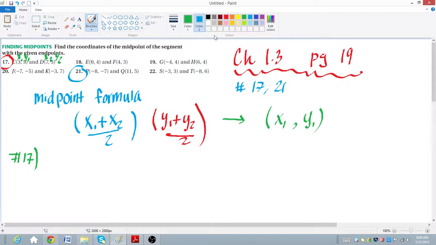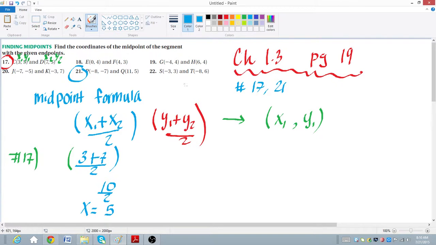If I plug it into the formula for x, then I would have 3 plus 7 divided by 2. This is x1, this is x2. And what do I get here? This is 10 divided by 2 equals 5. So your x is equal to 5.